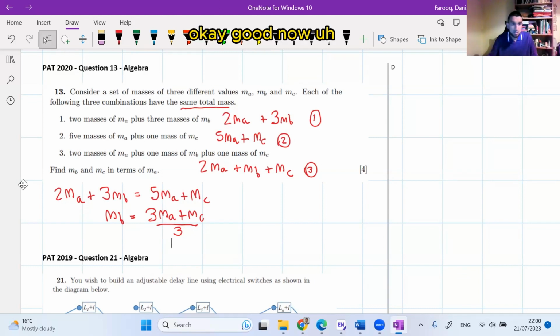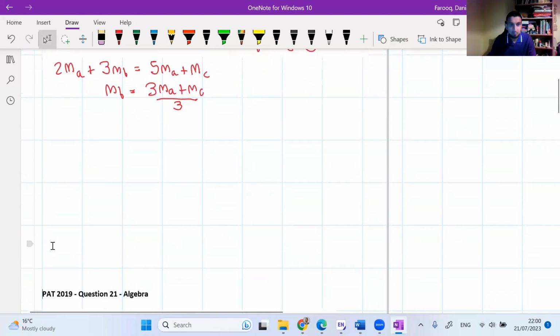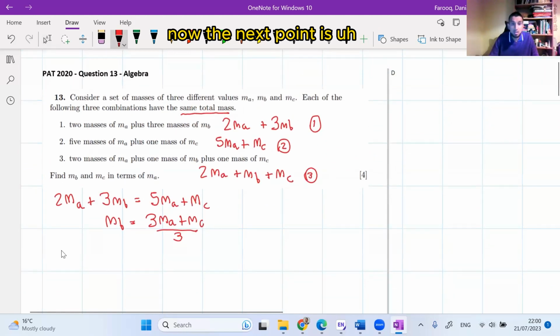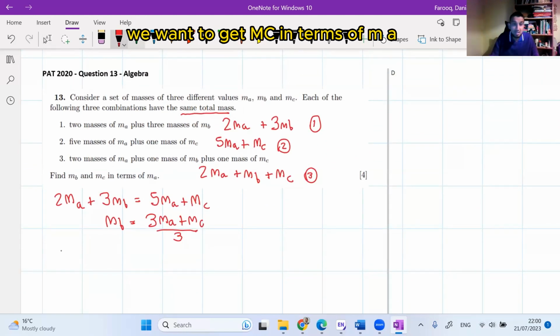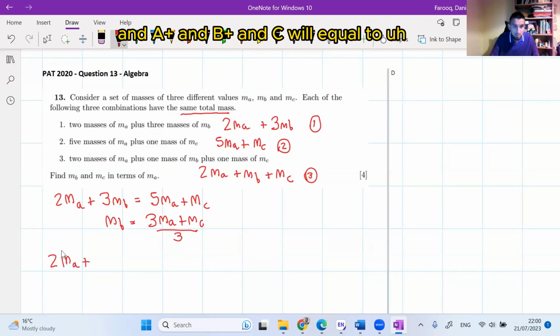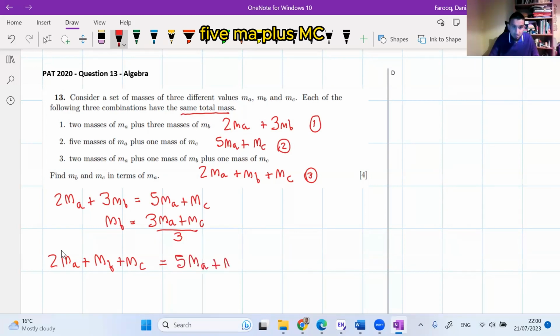Okay, good. Now we'll make some more room for ourselves there. The next point is we want to get Mc in terms of Ma. So we can write 2Ma plus Mb plus Mc, which is equation 3, will equal to equation 2, so 5Ma plus Mc.